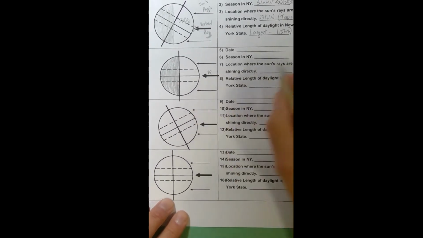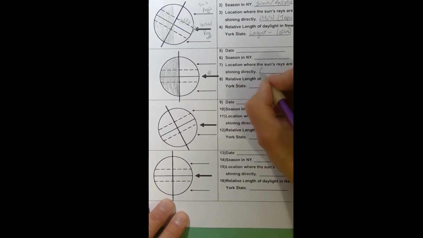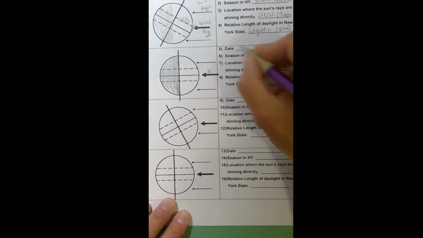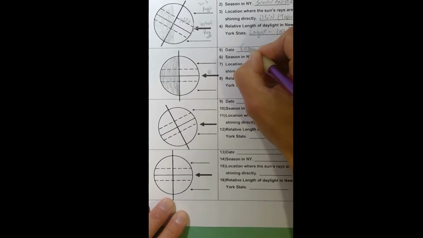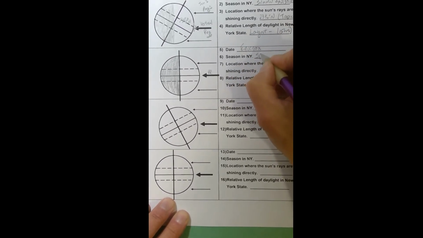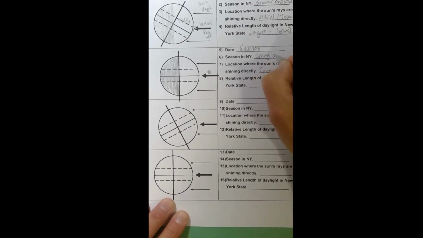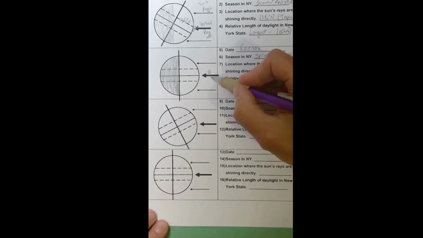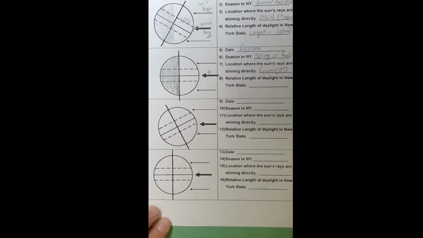So, the vertical ray is hitting the equator, which is at 0 degrees. We know that this is definitely going to be an equinox. So this is either spring or fall. Now, to tell whether it's spring or fall, you have to know whether the vertical ray is moving north or south.